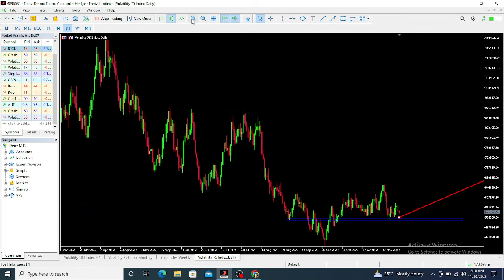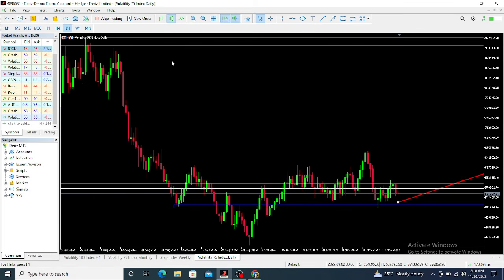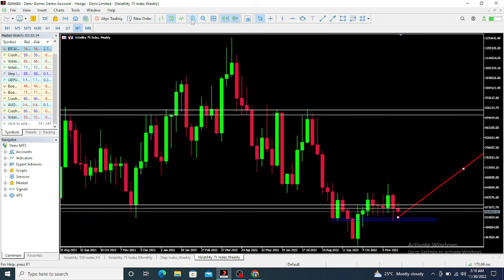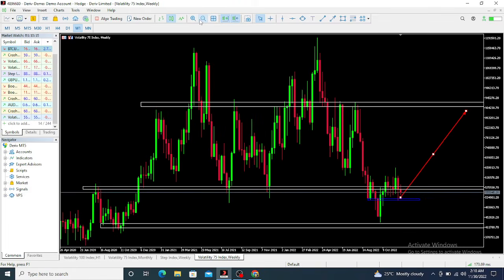But if you go to 1 day, it's a little bit clean. If you go to 1 week, it's just a few candles and it's clean. So this is actually how to draw your key levels on any pair of your choice. Anything tradable, you can trade with this strategy, the Dapo strategy on how to draw key levels.